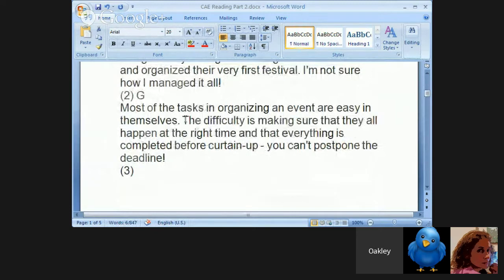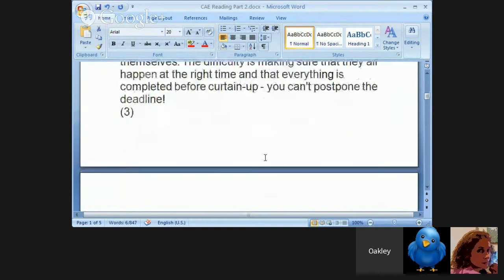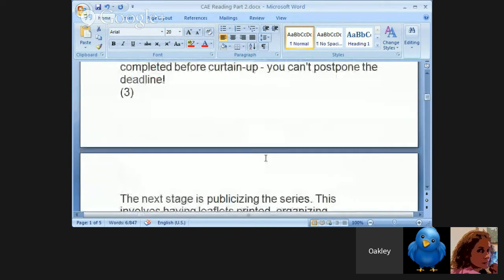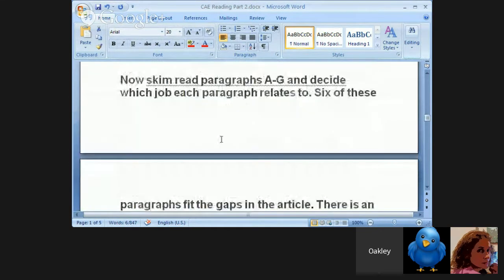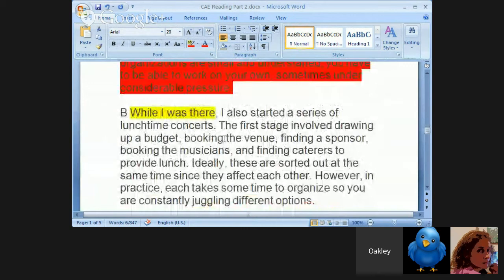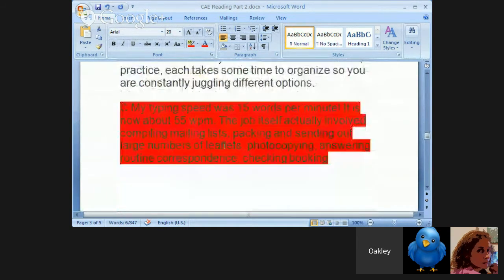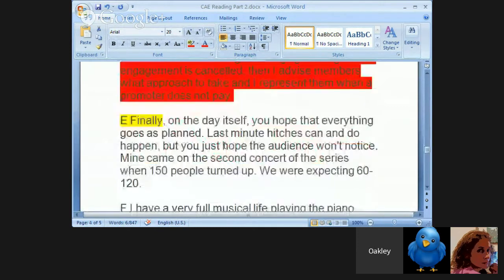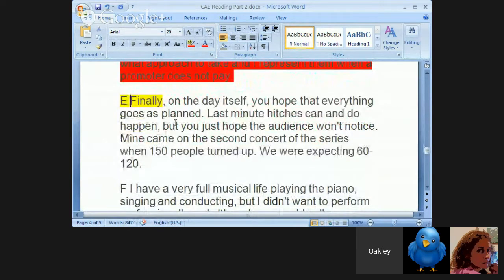Okay. Difficulties making sure they all happen at the right time. Everything is completed before curtain up. You can't postpone the deadline. What do we have left? I forget. C? B? No. What? Finally? Oh boy.